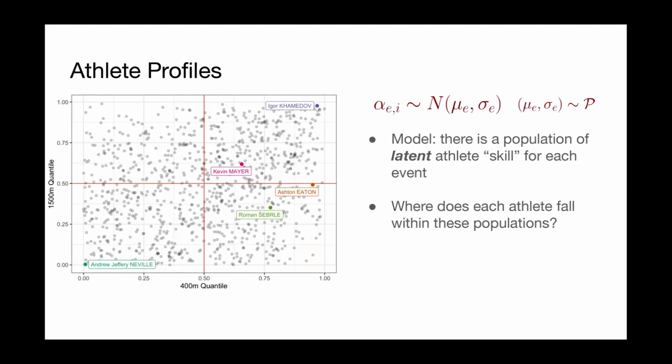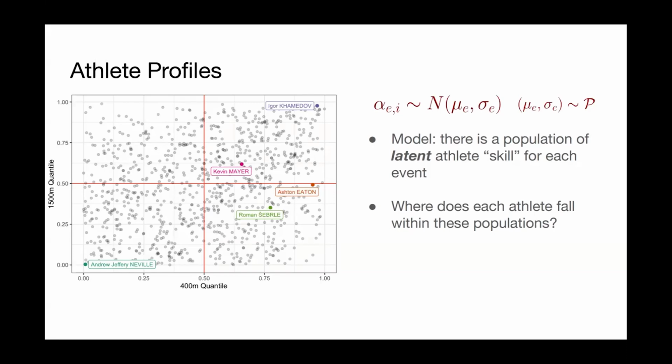As an example, we can take a look at Ashton Eaton. We see that his 400-meter is in the 95th percentile, which is great, but his 1500-meter is just slightly below median, right? This suggests that even for the best decathletes, to get really good decathlon scores, one doesn't need to excel in all 10 events, right? Okay.